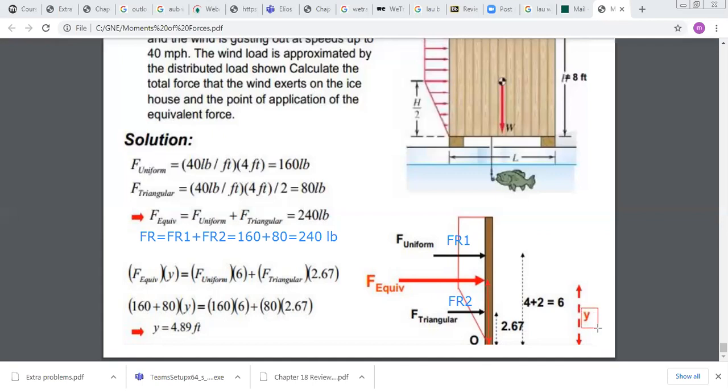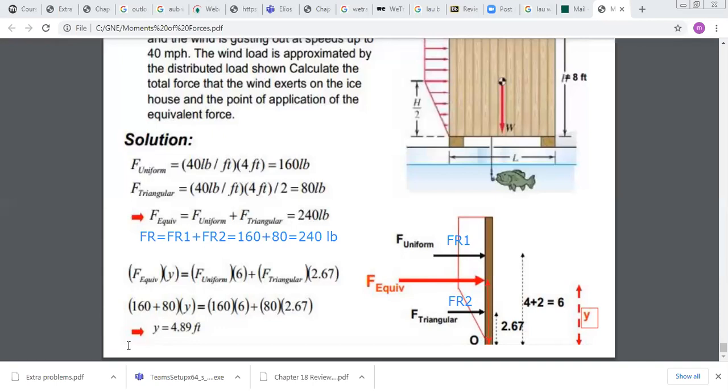In order to find Y, I should apply the condition of equal moment, because if I want to replace these two forces by one force, it should produce the same moment about O. Now I will write this equation.